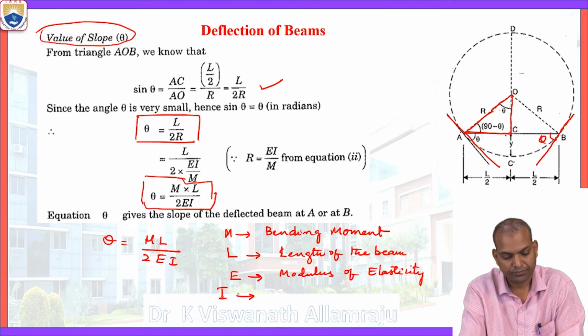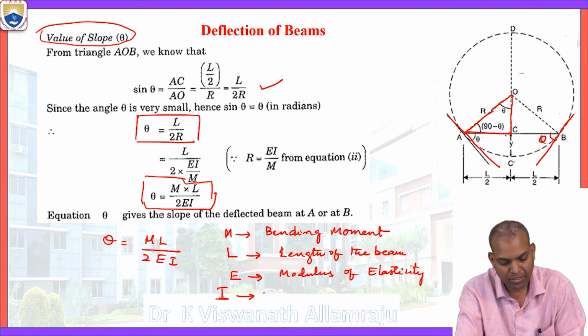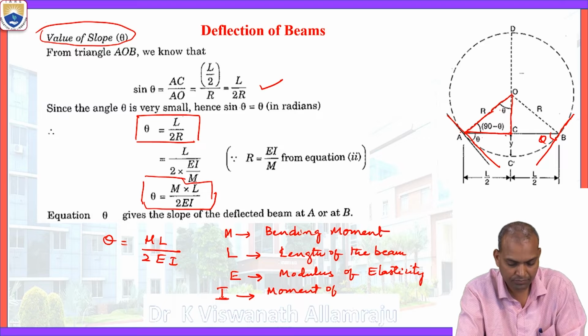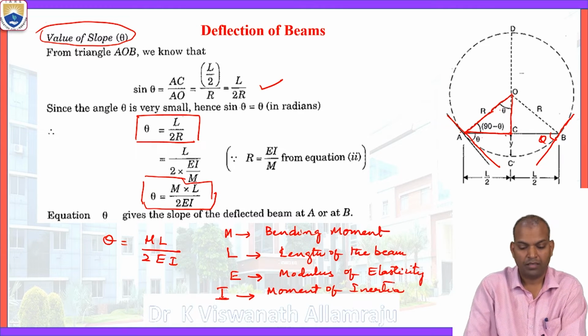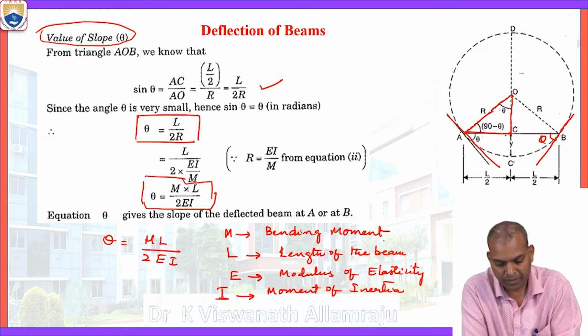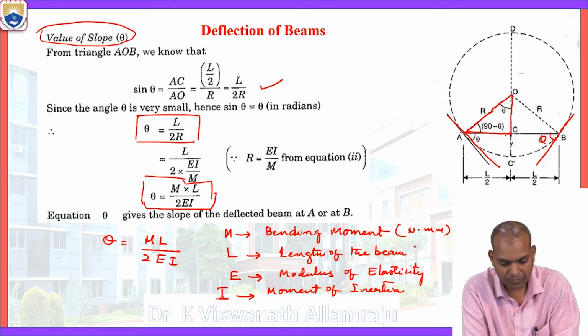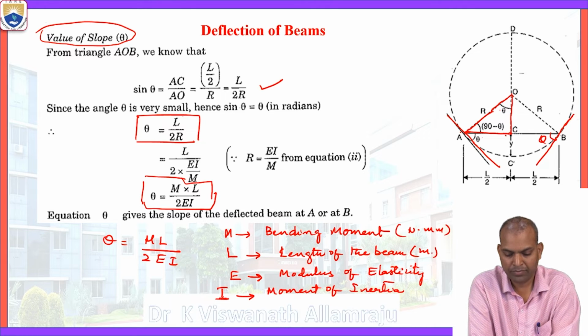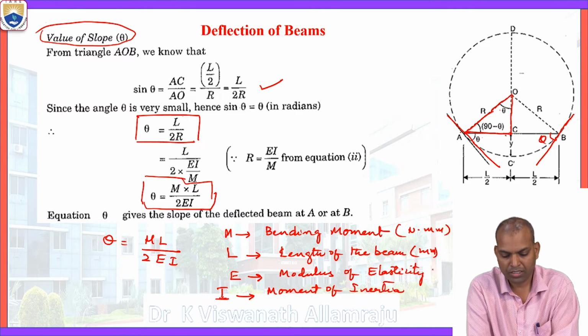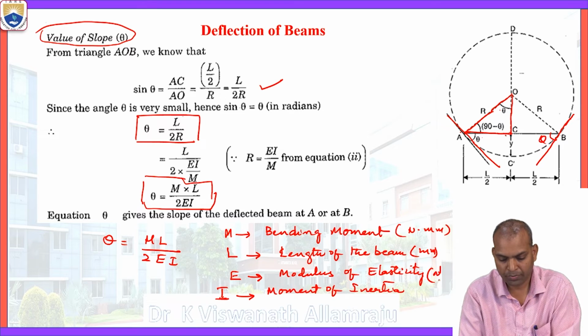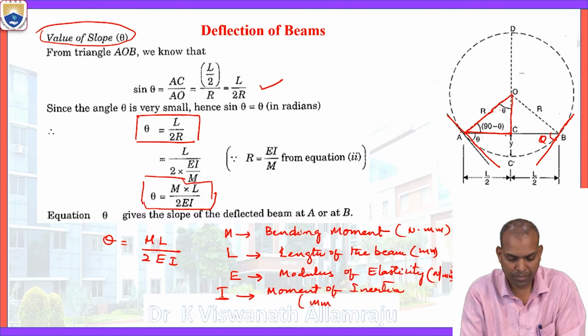I is the second moment of area or moment of inertia, the area moment of inertia. So what is the unit for bending moment? Newton millimeter. Length of the beam, millimeters. Modulus of elasticity, Newton per square millimeter. Moment of inertia, millimeter to the power 4.